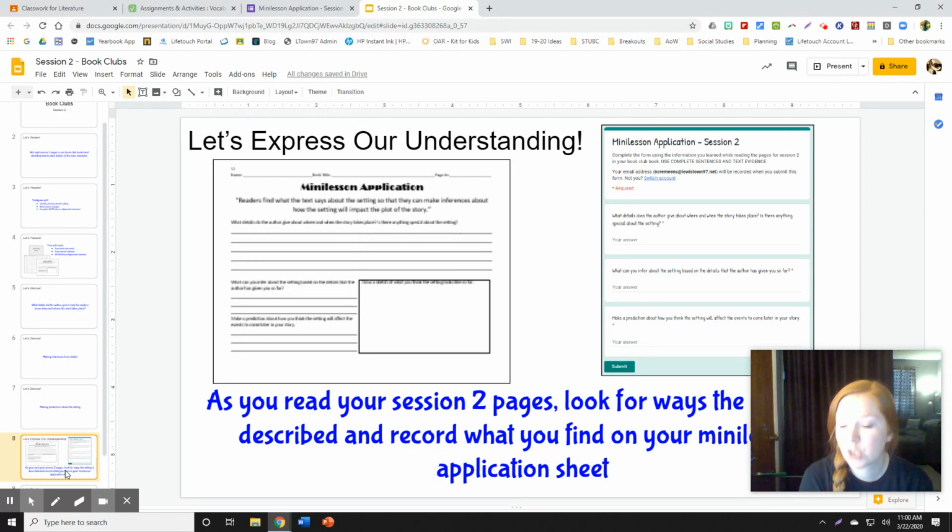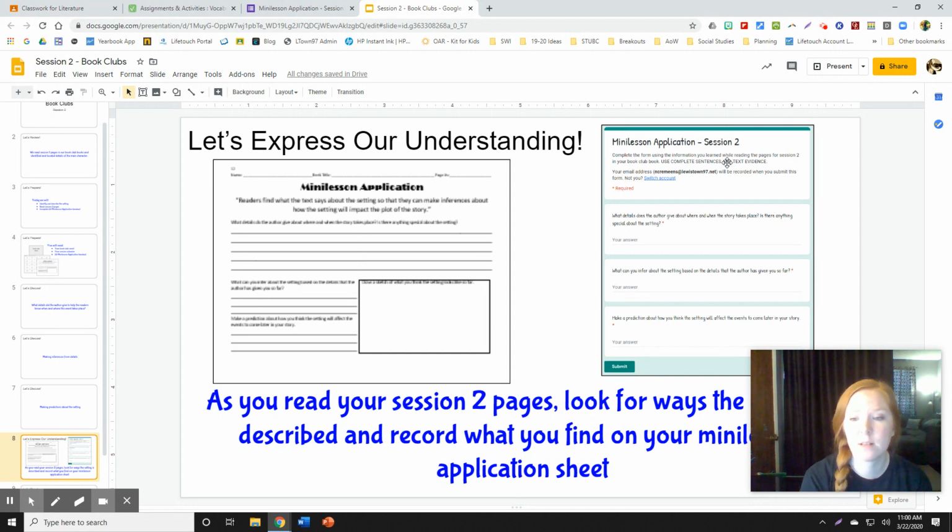One thing I want to make sure I am stressing is that you are going to use complete sentences as well as text evidence. I know I shouldn't have to say that to you guys. You're in 7th and 8th grade. You should be writing your worksheet answers in a complete sentence for language arts class all the time without any questions or having to ask.